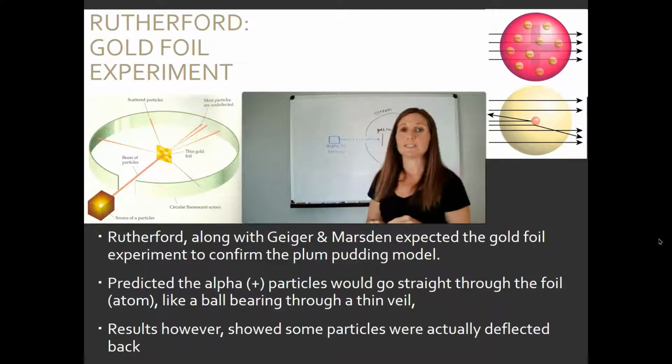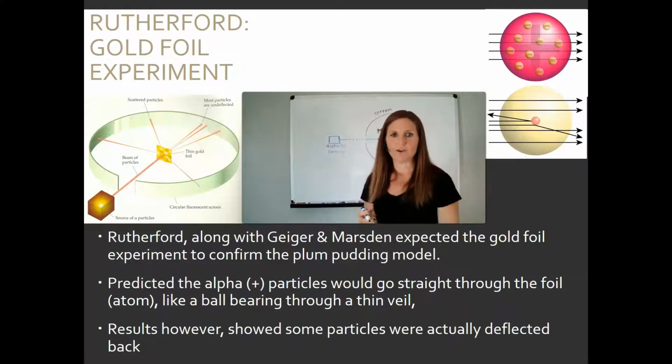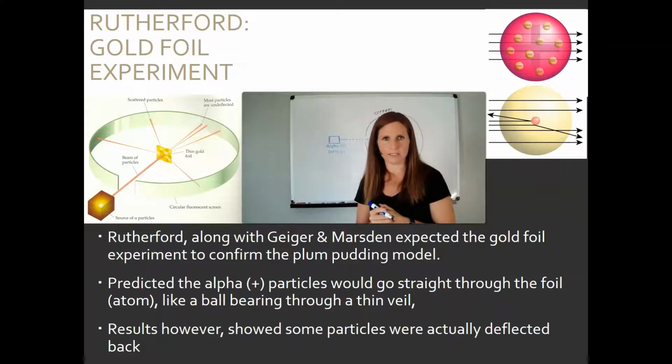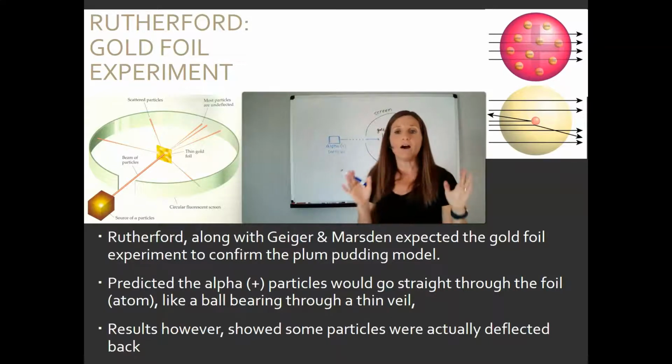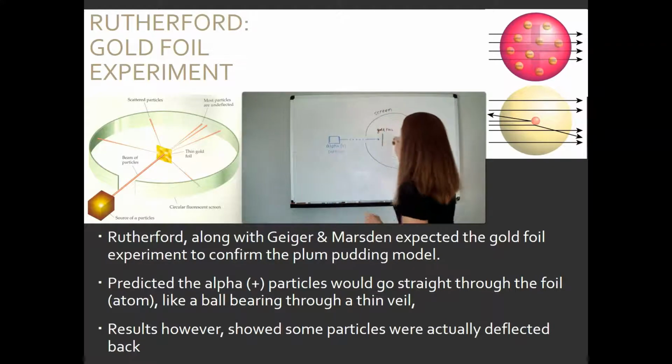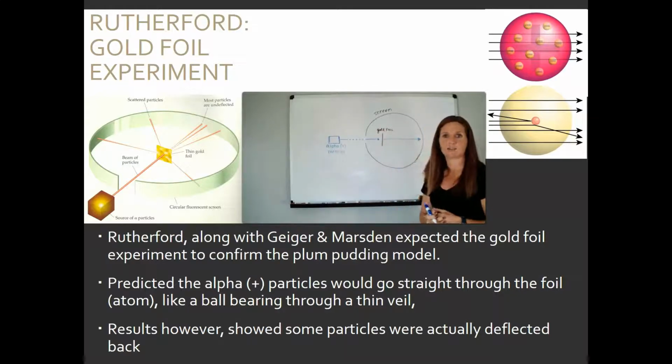So what Rutherford, who works with Geiger and Marsden, who are experts in alpha particles, all expect to have happen is to have all of these particles come through and hit the detector screen right straight through at the back.